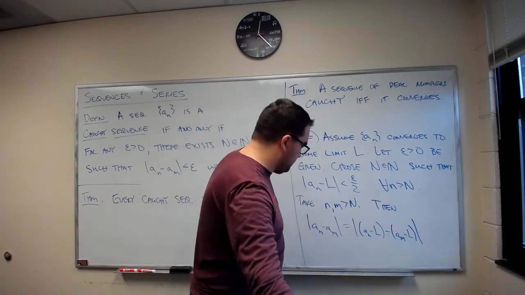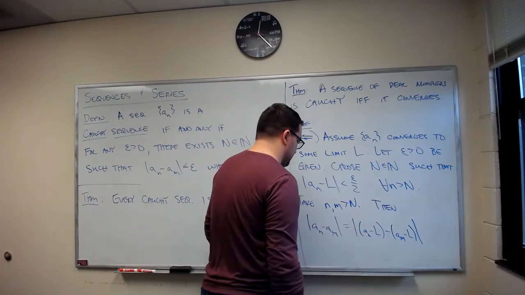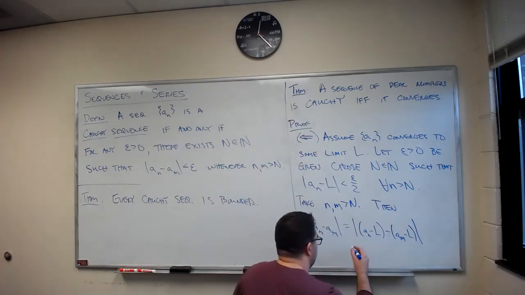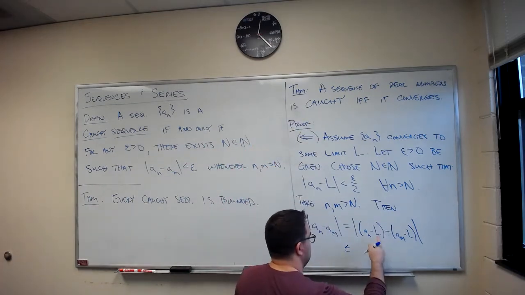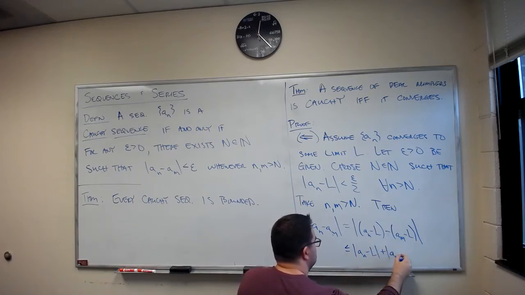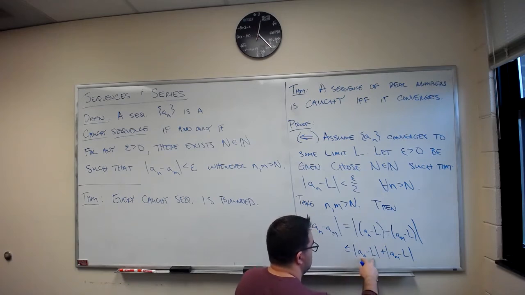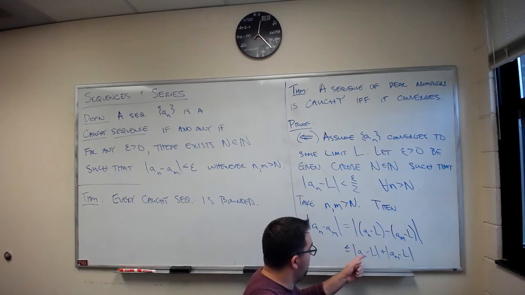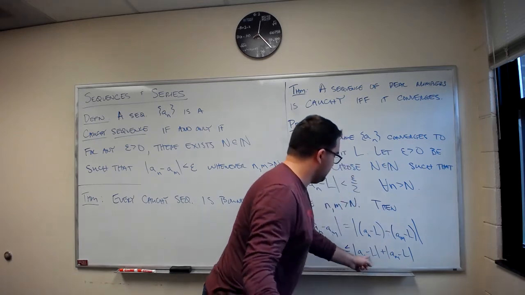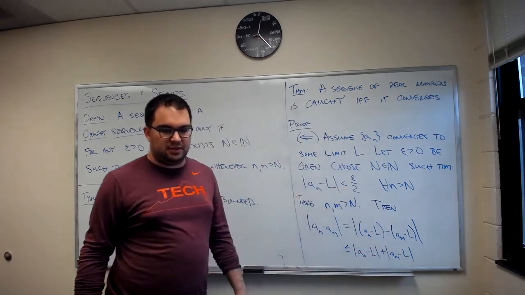Okay. But now I'm going to apply the triangle inequality to this. I'm going to run out of room maybe, but I'll try and squeeze it in here. So this is |a_n minus L| in absolute value plus |a_m minus L| in absolute value, right? Okay. So I've just broken this up using the triangle inequality. But now what do I know about this? I know that this is less than epsilon over 2.